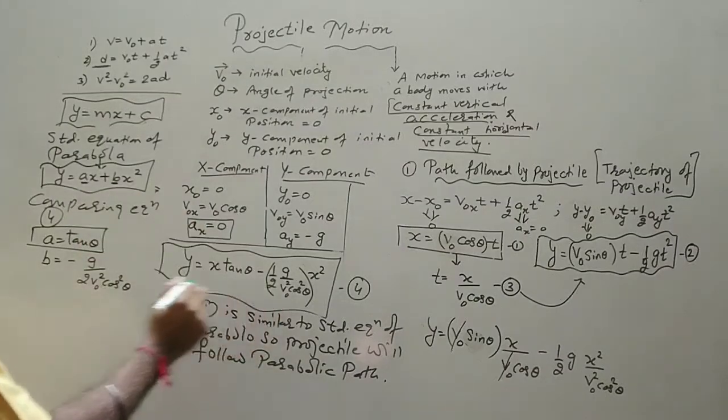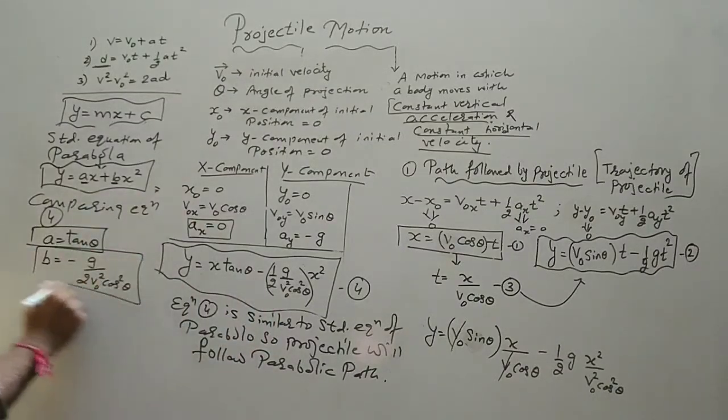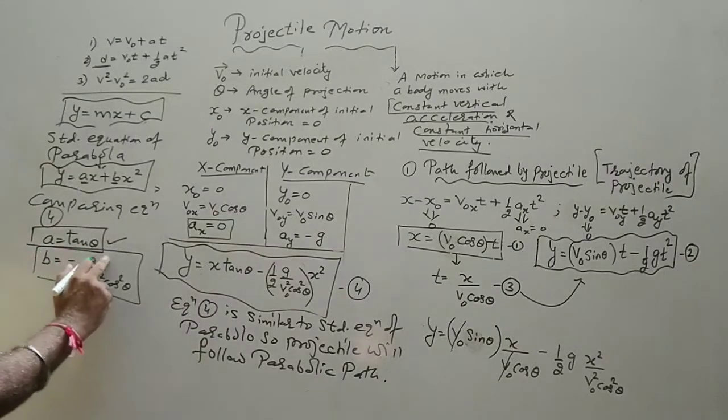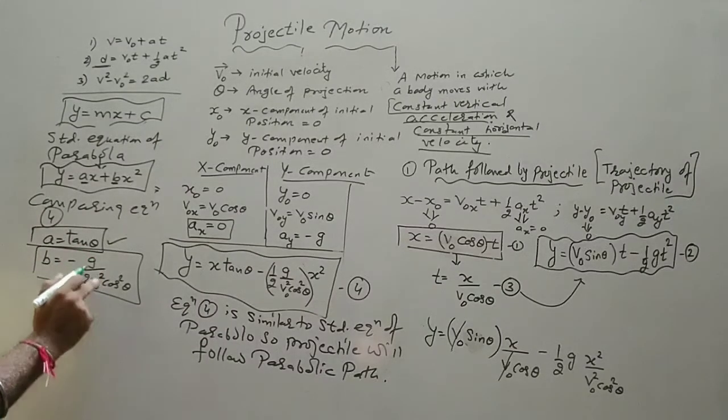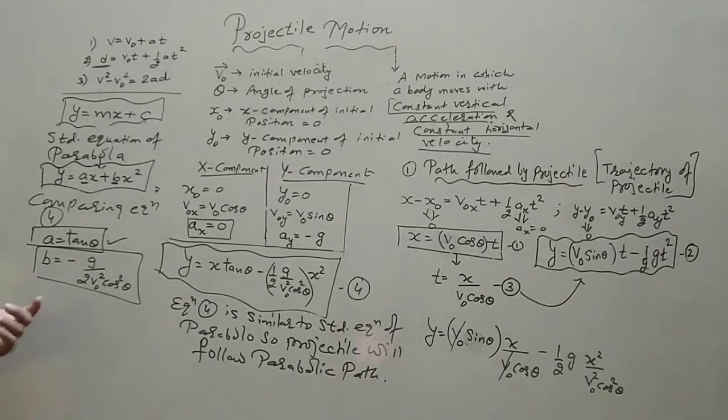So b is a constant. Now see the values of a and b. g is constant, v0 is the velocity by which a projectile is projected, and theta is the angle by which a projectile is projected. So a and b are constants. So we conclude from this derivation that a body will follow a parabolic path.